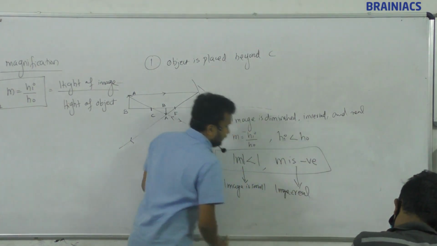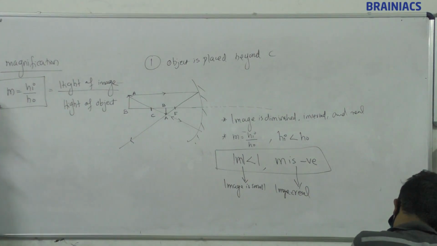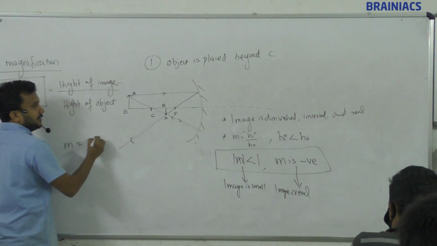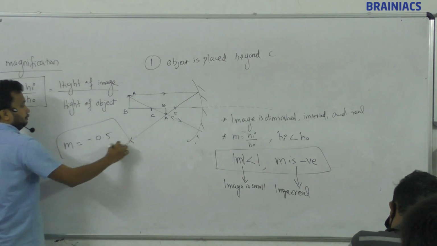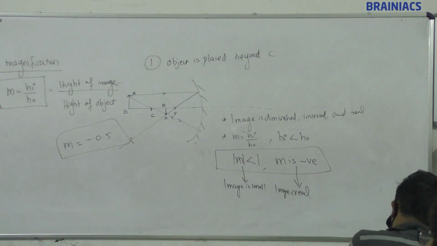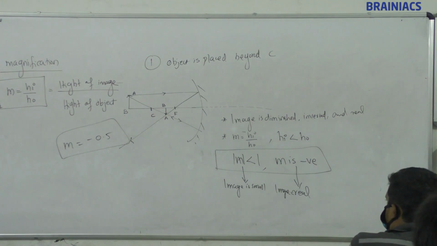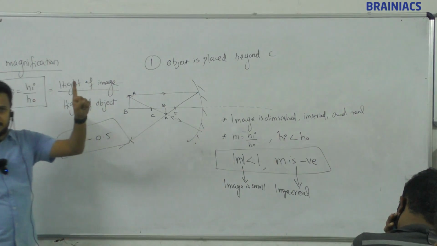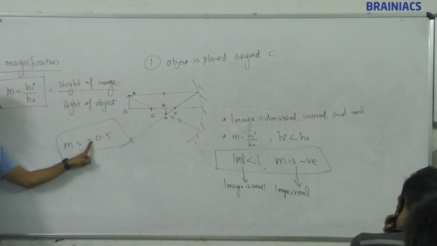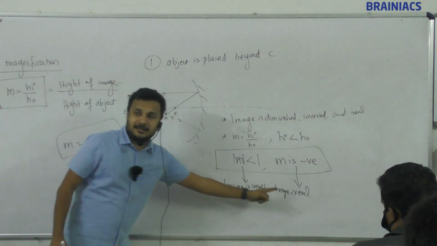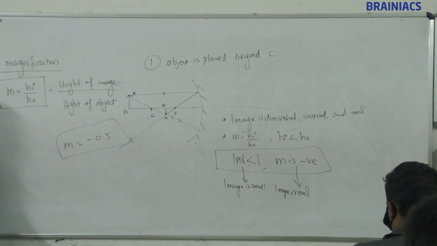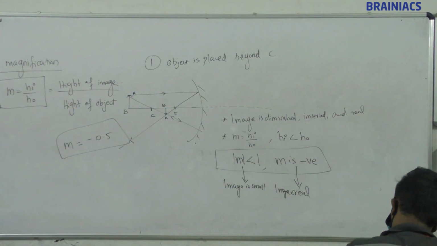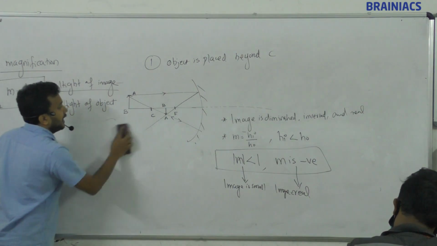Sometimes they will give the magnification equal to minus 0.5. If you take the modulus, it is 0.5, which means the image is smaller than the object, first assumption. Second, look at the value: negative means it's a real image. So we have to understand these two things based on the value of magnification.